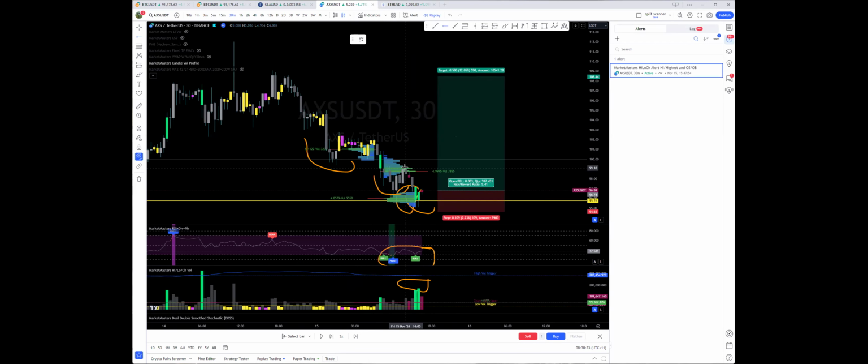There might only be a 1R trade for part of the trade, and that way you at least get a bit of money on the table, and if it comes back down again, at least you've got something out of that. Nice. So that's basically how I trade that.